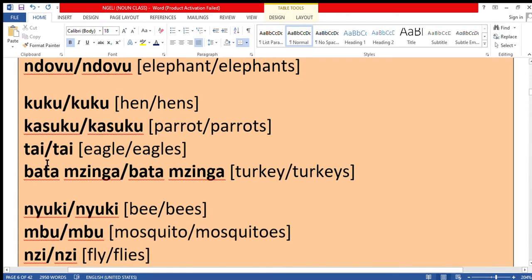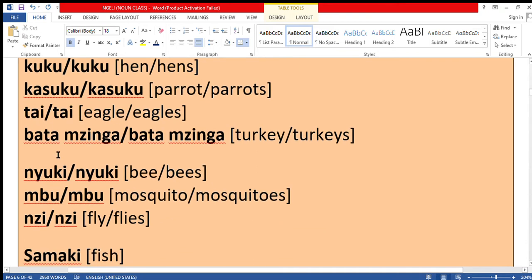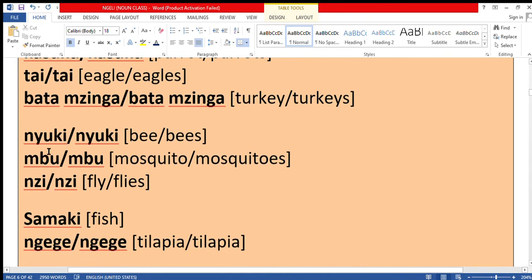Tai. Batamzinga, batamzinga. Same. Nyuki.